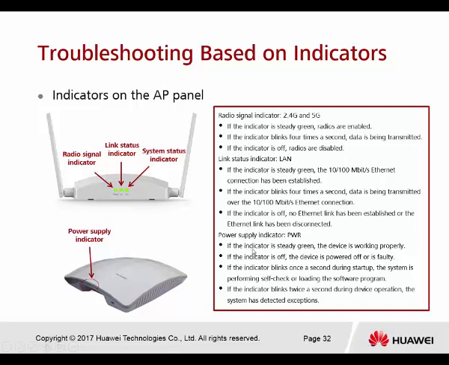If the indicator is steady green, it is working properly. When it's off, it is powered off, of course. When it's blinking once a second during startup, the system is performing a self-check or loading the software. Blinking twice a second during device operation means the system has detected exceptions.